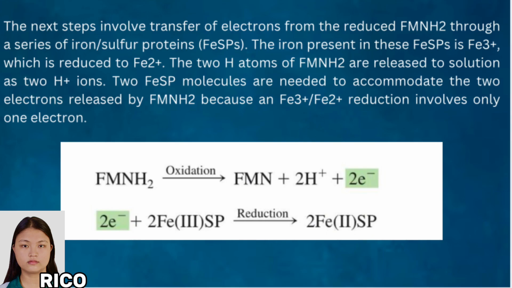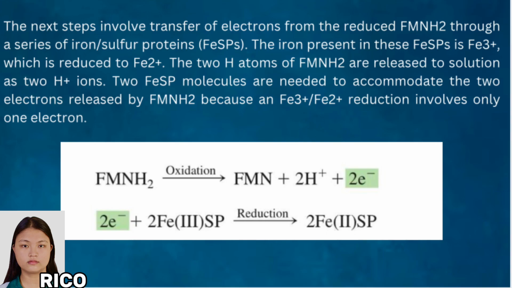The two hydrogen atoms of flavin mononucleotide are released to solution as two hydrogen ions. The two iron-sulfur protein molecules are needed to accommodate the two electrons released by the reduced flavin mononucleotide because an iron reduction involves only one electron.